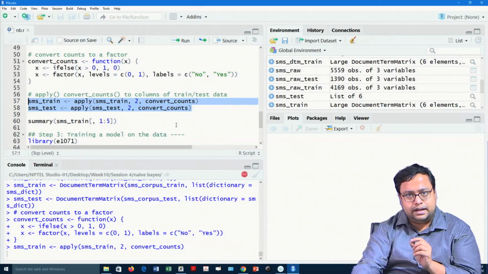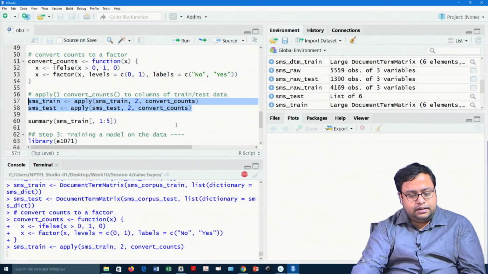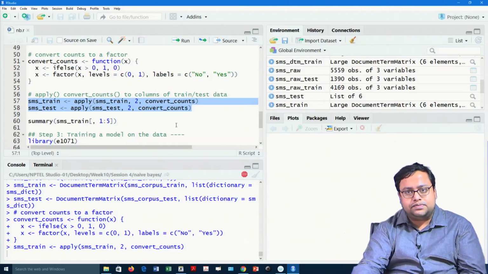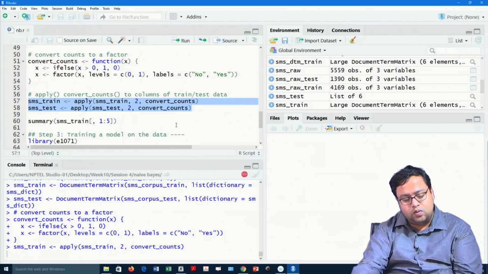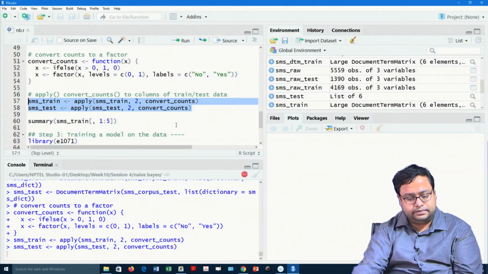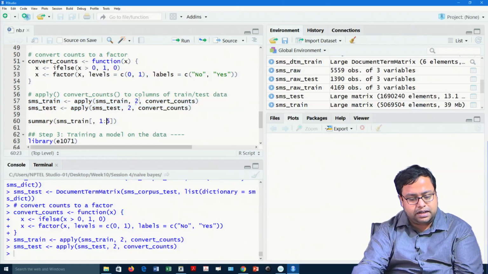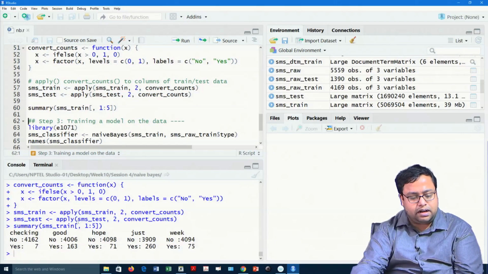it will take a little bit of time. If I just run this one and convert them to yes and no instead of the counts, the training one has been done, the testing one has also been done. The summary of the training one looks like this.